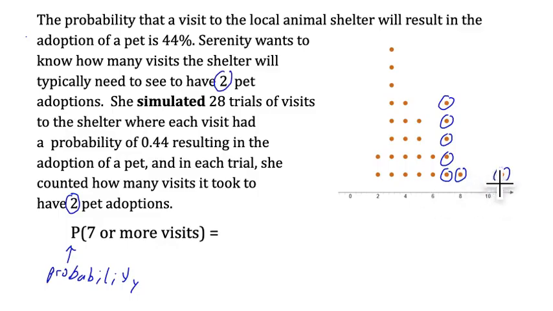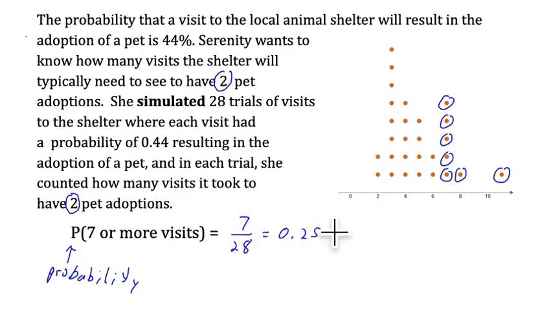Okay, so let's count up these dots. There are 1, 2, 3, 4, 5, 6, 7 of those dots. It's just coincidence that it's also 7 here. But of the 28 trials, we're going to assume there are 28 dots here. 7 of those had 7 or more visits. 7 out of 28 is equal to 1/4, which would be 0.25.